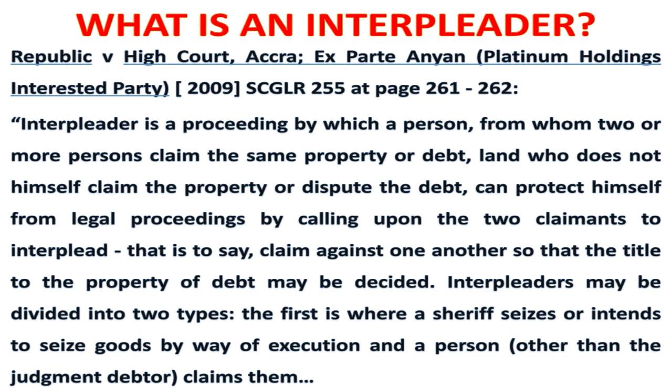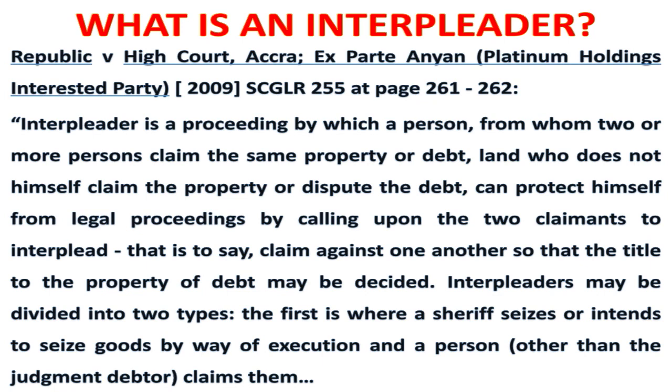So now the registrar is placed in the position whereby he has taken control of a vehicle. He has that vehicle in his custody. Cynthia, who is the third party, who was not a party to the suit, is saying that the car belongs to her. Meanwhile, the judgment debtor is there.